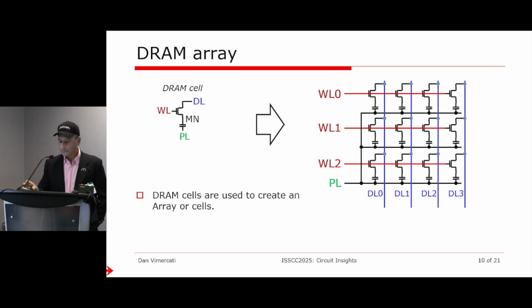Okay. But we said before that we are actually selling gigabits or gigabytes of memory, so we have to put so many DRAM cells one close to the other. And one way to do it is creating arrays. The word line is called a word line because it's typically horizontal, so it's kind of writing words. It's a word line, and we have the digit line or bit line.